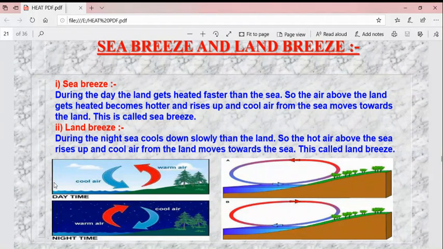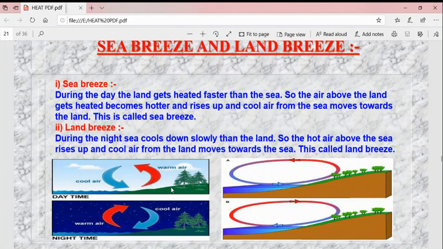Here you can see the picture: the land area, and this is the sea area. During daytime, the air over the land becomes heated and less dense, so it moves up and towards the sea side. The cool air present on the sea side is denser and moves towards the land.